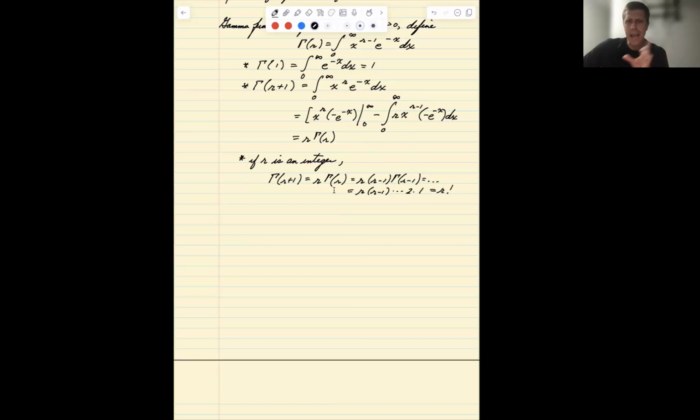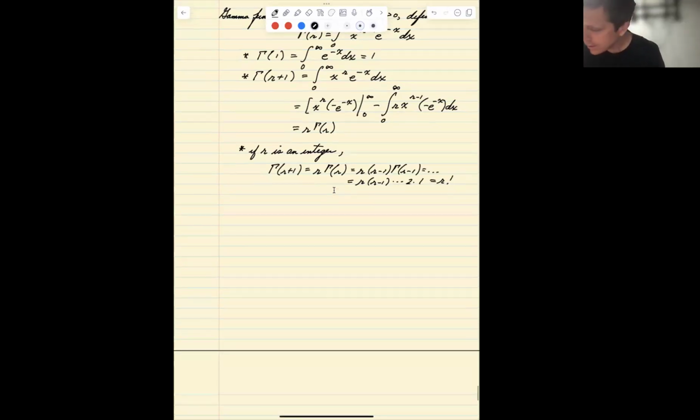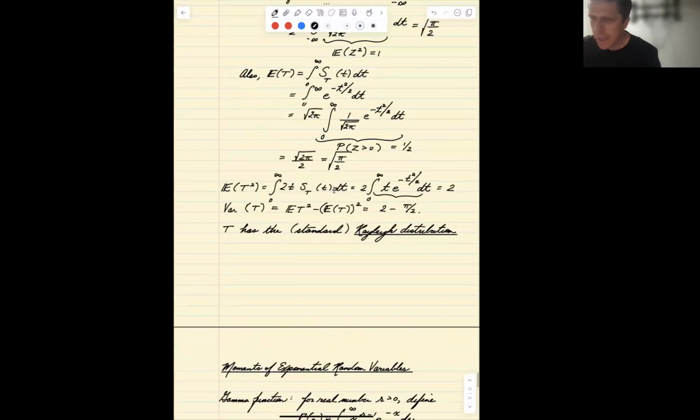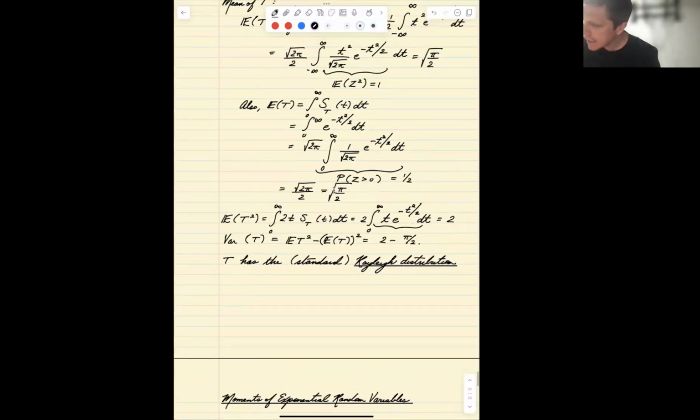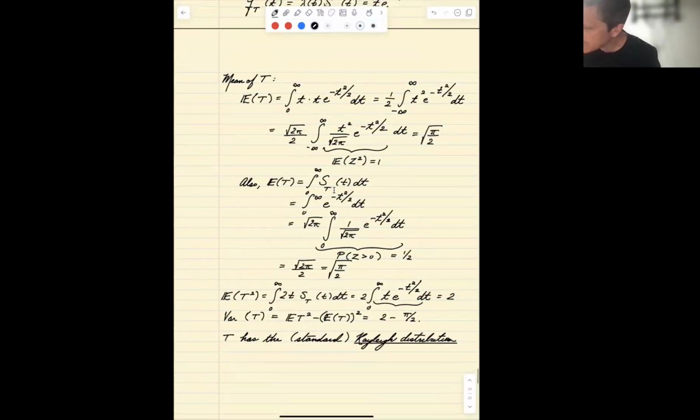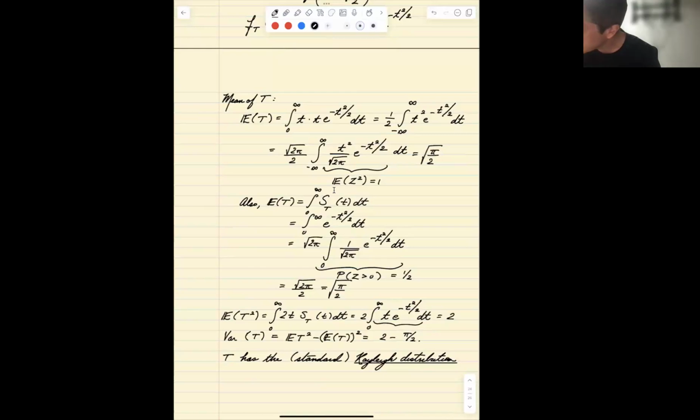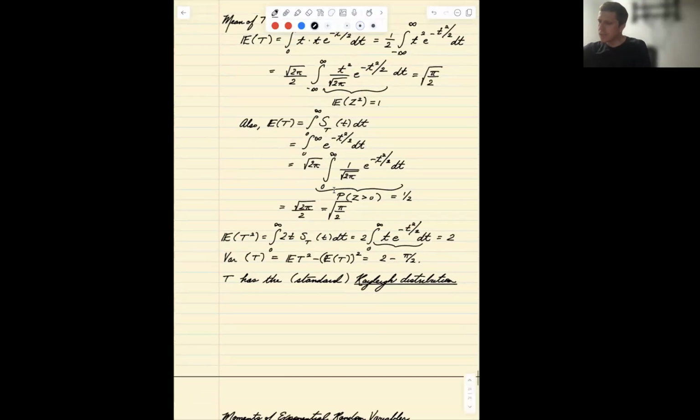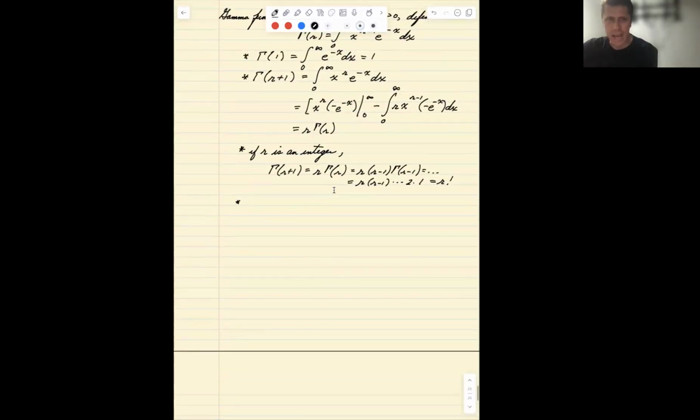And when we work on half integers, we've seen up above, actually, that the calculation we did here, we can show that this can be expressed in terms of the gamma function on a half integer. Gamma of 1/2 is square root of pi.